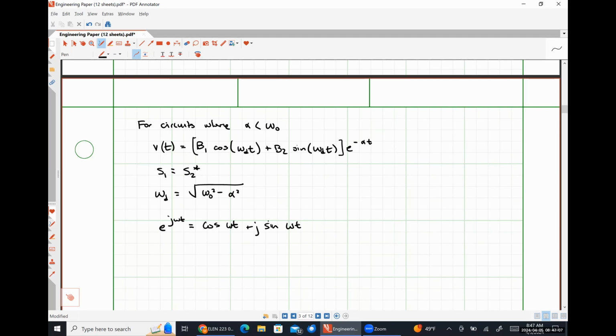Just coming from Euler's identity and then doing a little bit of complex number manipulation, right? So this type of system is what's called an underdamped system. Okay.